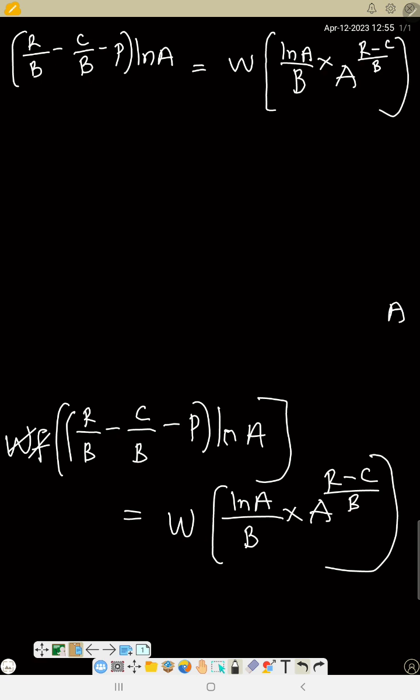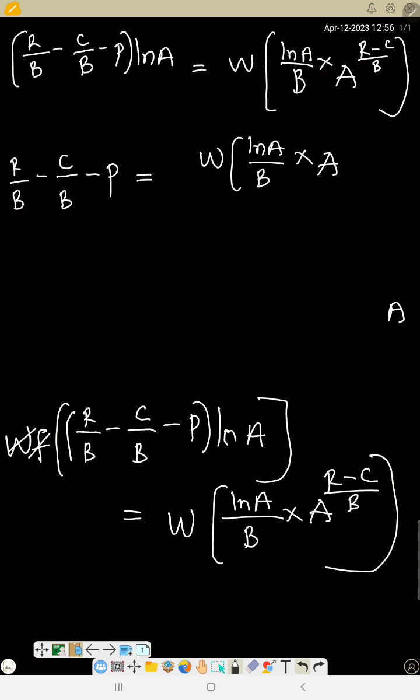So this is the same thing as r over b minus c over b minus p equals W of ln a over b times a raised to power r minus c divided by b, everything over ln a.